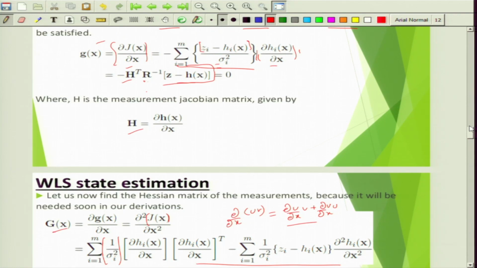So ∂h(x)/∂x, you just keep it as it is and then differentiate this again, this is nothing but ∂h(x)/∂x again, divided by sigma square, and then minus 1 by sigma square, you keep this as it is, z_i minus h_i(x), and differentiate this again, that is ∂²/∂x² into h(x), because z is anyway constant, you need not differentiate that.